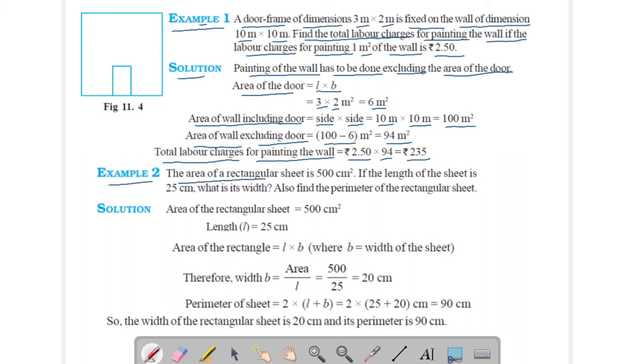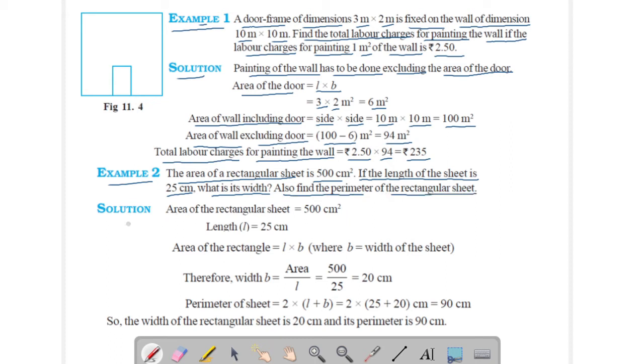The area of rectangular sheet is 500 centimeter square. If the length of sheet is 25 centimeter, what is its width? Also find the perimeter of rectangular sheet.